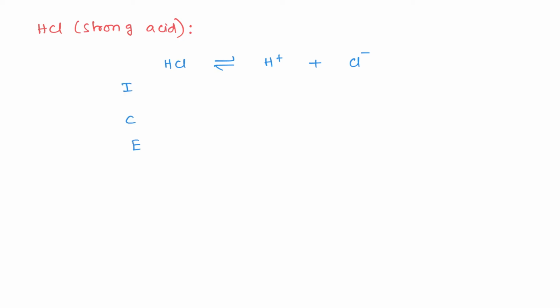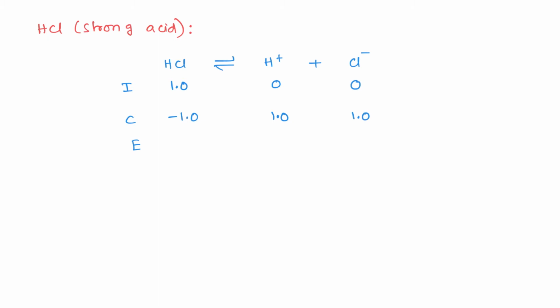Let us set up the ICE chart. Before the reaction begins, we have 1.0 molar hydrochloric acid and 0 molar each of H plus and Cl minus. Since hydrochloric acid is a strong acid, all of the hydrochloric acid dissociates and according to stoichiometry, 1 molar H plus and 1 molar Cl minus is formed.